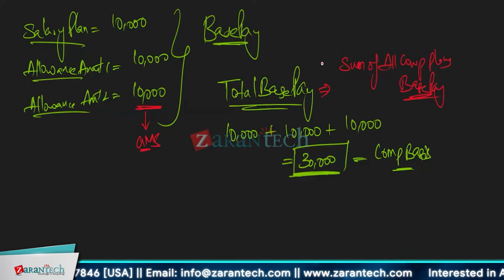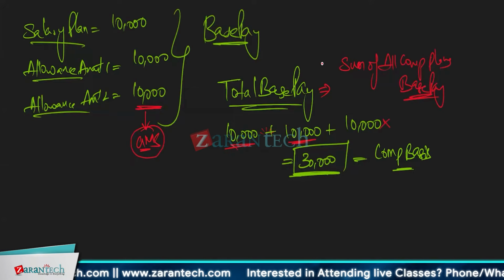For allowance amount 2, I'm using GMS as the compensation element. So the total base pay will become 10,000 plus 10,000. This one will not be taken into calculation because we are using GMS as the comp element. So the total value of total base pay will now become 20,000.